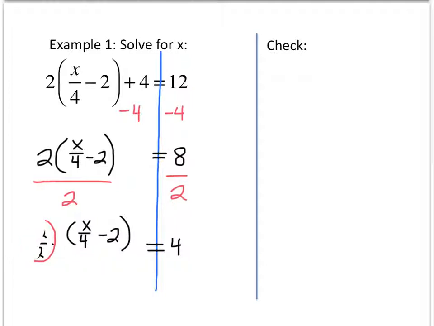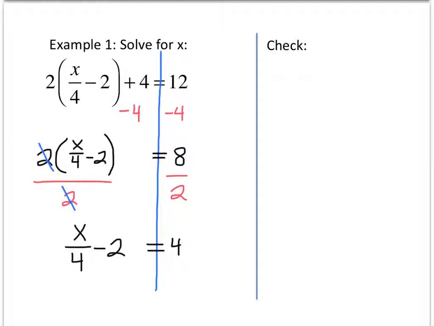So we can actually remove this, and we recognize that we use that word cancel, right? The 2's cancel. But really we're recognizing that the 2 and the 2 divide to 1, and that multiplication by 1 is unnecessary. So at this point, I can even rewrite this left-hand side. I really don't need the parentheses around the x over 4 minus 2, because nothing else is left. So I can just consider now x over 4 minus 2.